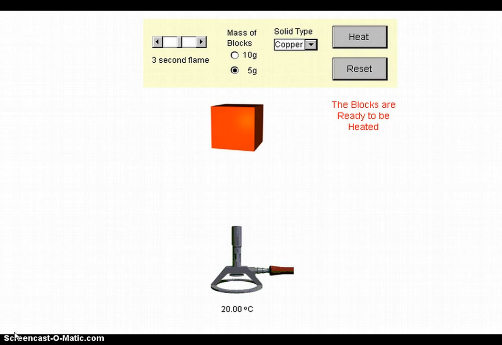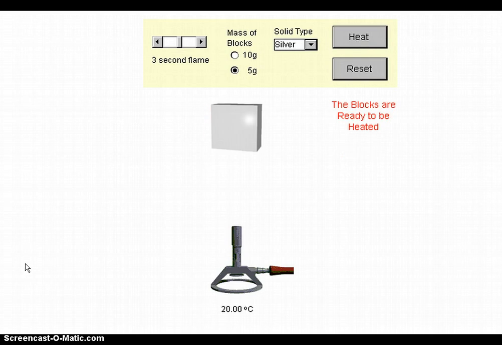First, we have a 5-gram cube of copper, and we're going to put it under the same amount of fire. We're going to turn on the Bunsen burner, and we're going to look at what its temperature is. Currently it's at 20 degrees C. Let's heat this copper. We're adding 150 joules of energy, and we see that it's gone up to 97 degrees. Let's try and keep that number in mind, about 98 degrees.